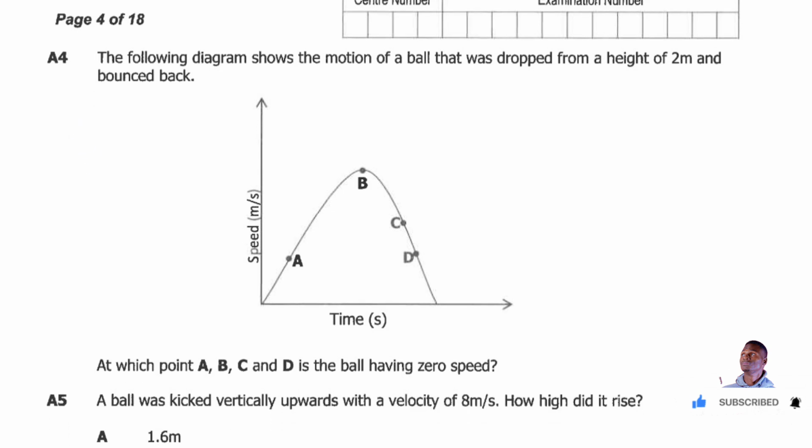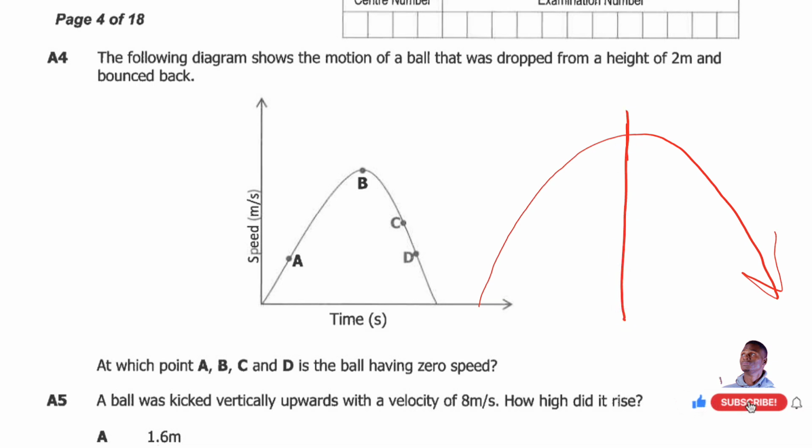Now listen. If you throw something at an angle, it will move like this. At the starting point, let me divide this into two parts so that you understand very well.